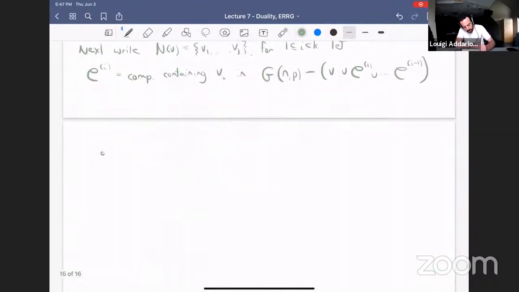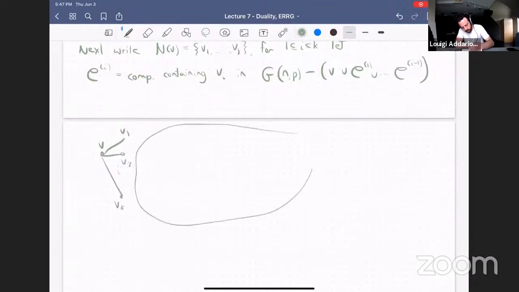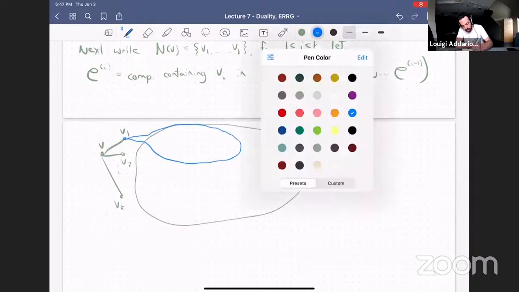Right, so here's the vertex v. Here its neighbors v1, v2, up to vk. Here's the rest of the graph. And now c1, the component containing v1 over here, this is c1.